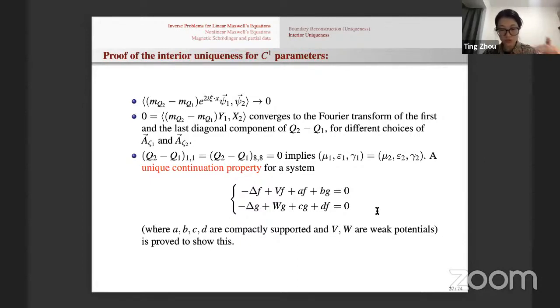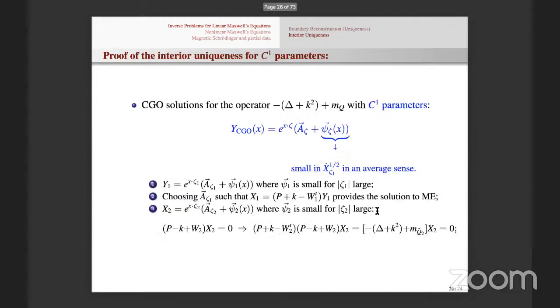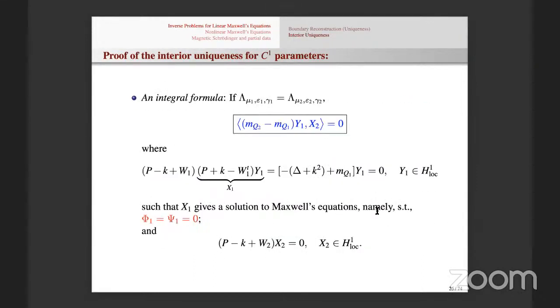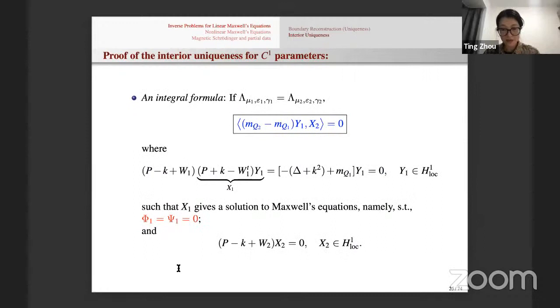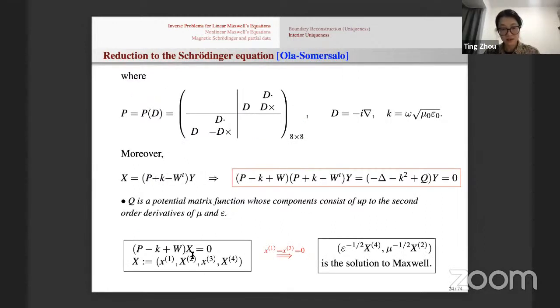But I think for the traditional Euclidean case using the Carleman estimate, why it doesn't work for Maxwell's equation is essentially what I have shown here. This last step is to check that the solution X, although you have a CGO solution there, indeed gives you the solution to Maxwell's equation. It requires you to prove that this middle part, the scalar potentials, are 0.